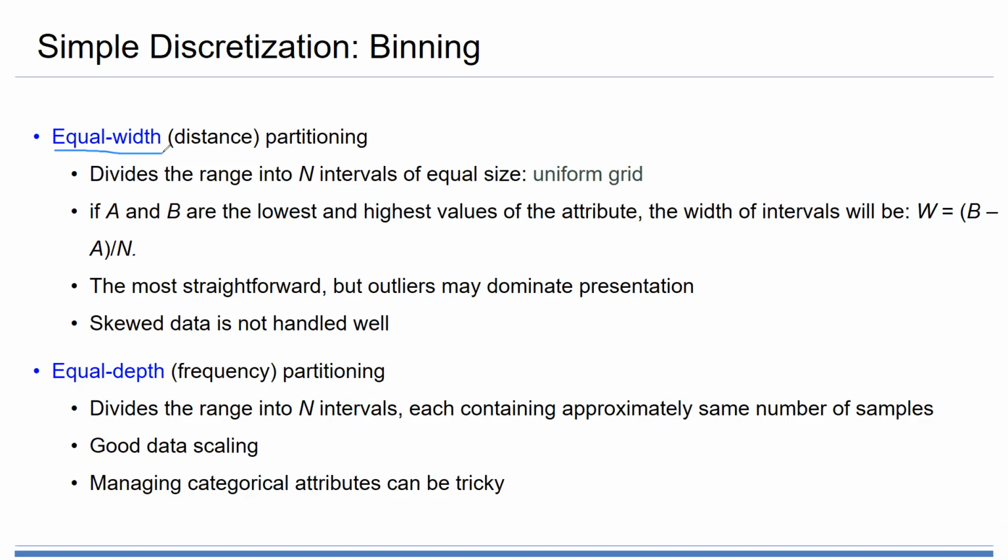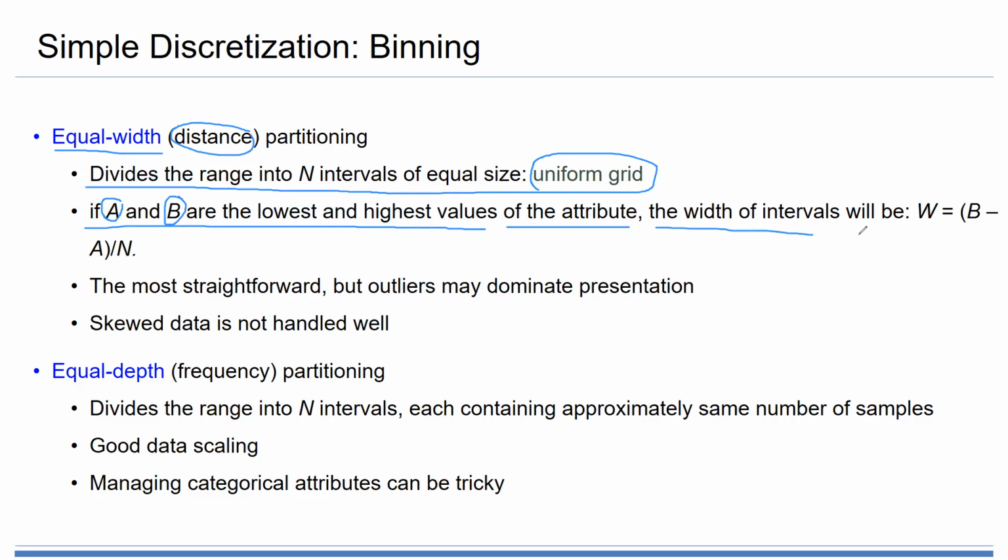Equal width, or we call it distance: we want to divide the range into n intervals of equal size, or we call this a uniform grid. If a and b are the lowest and the highest value of the attribute, then the width of the interval, or distance, will be w.